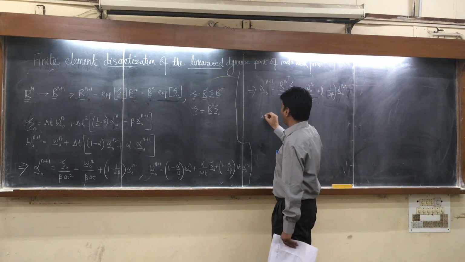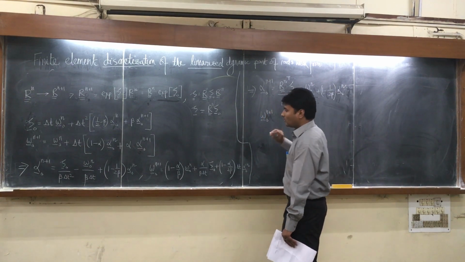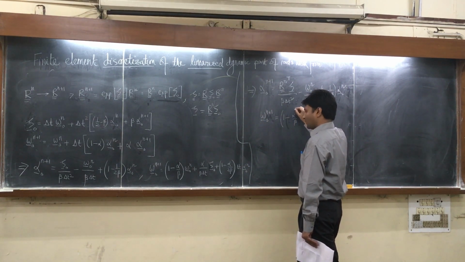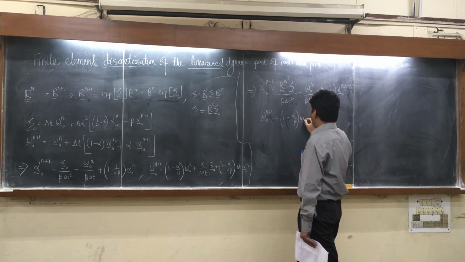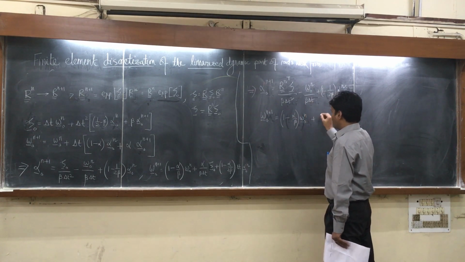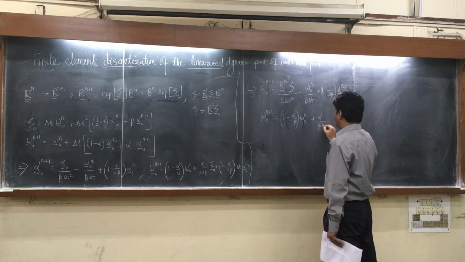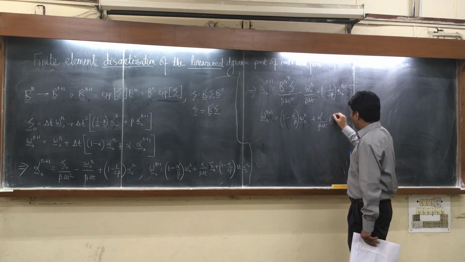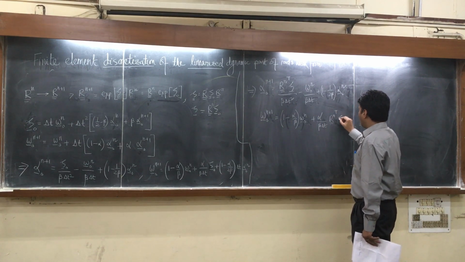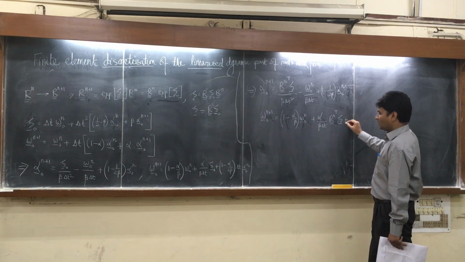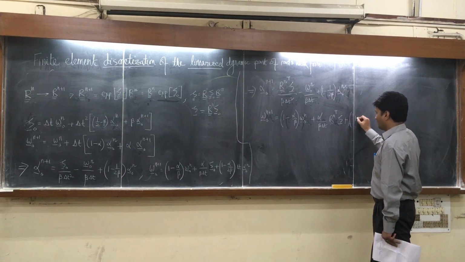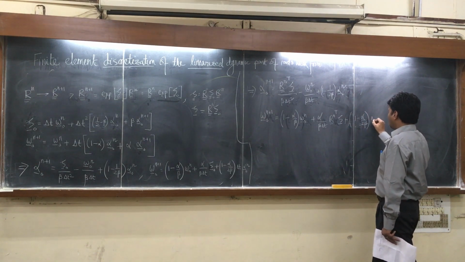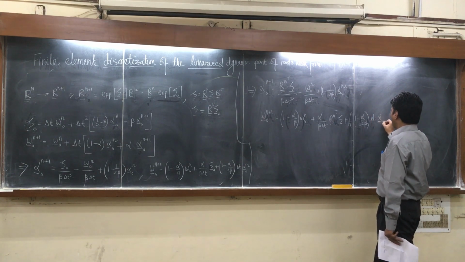And again for omega naught, we have omega naught at n plus 1 equal to (1 minus alpha over beta) times omega naught at n plus alpha over beta delta t times R n transpose of zeta plus (1 minus alpha over 2 beta) times delta t into alpha naught n.